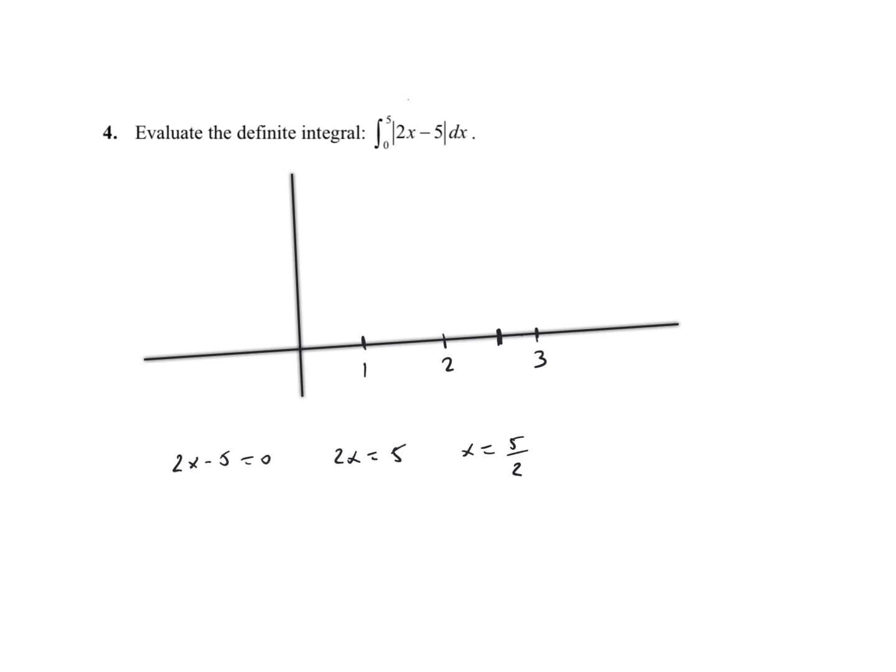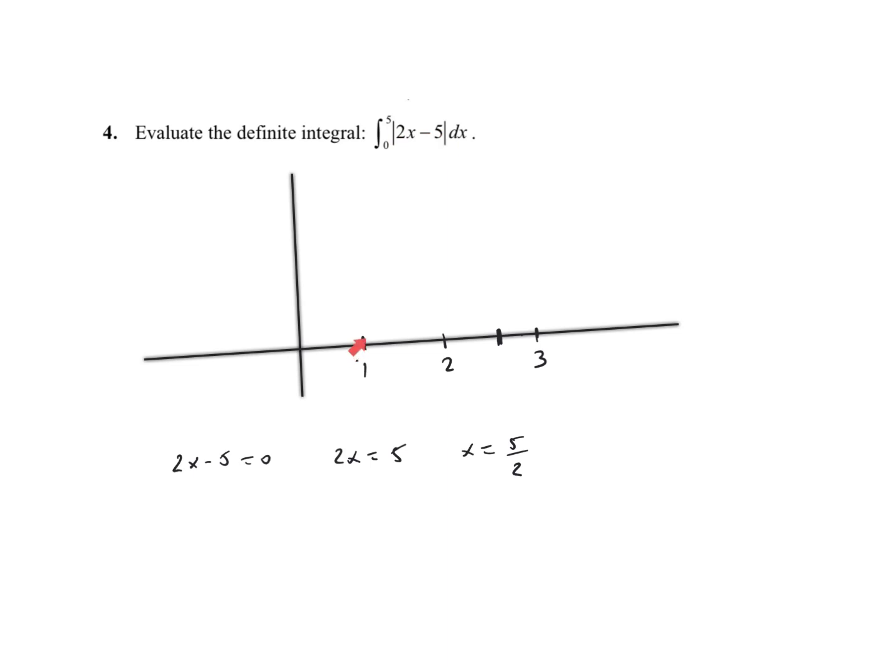To the left of this point, from a value like 1, 2 times 1 is 2, 2 minus 5 is minus 3, and the absolute value of minus 3 is 3.